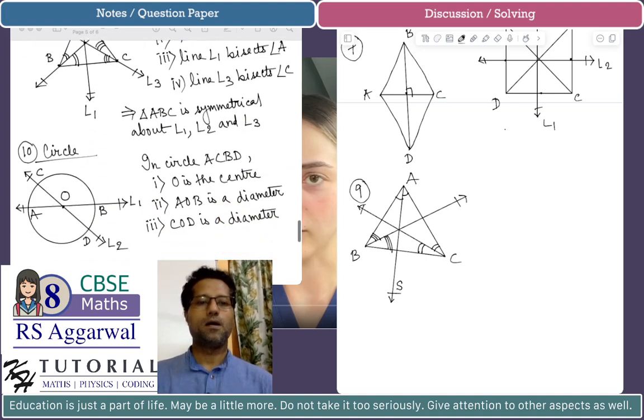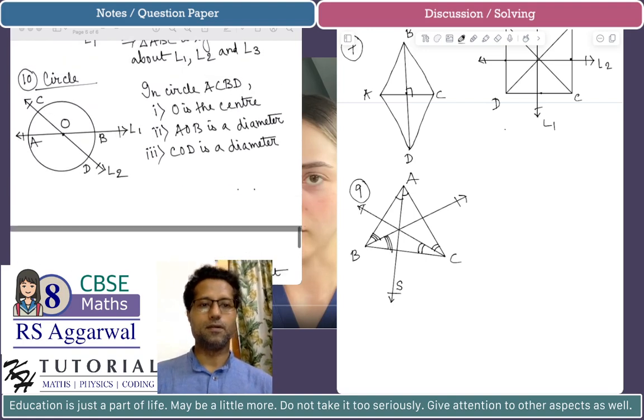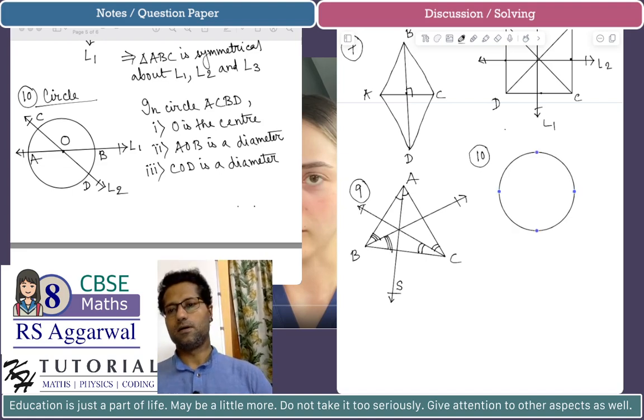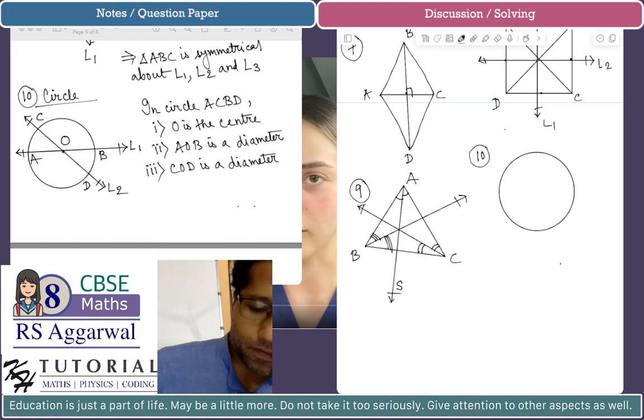Okay. Now the circle, I think this is the last one. If I have a circle, what are the lines of symmetry of a circle? It will be all the diameters that you can possibly draw. There are possibly an infinite number of diameters.